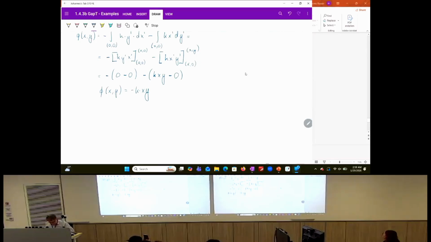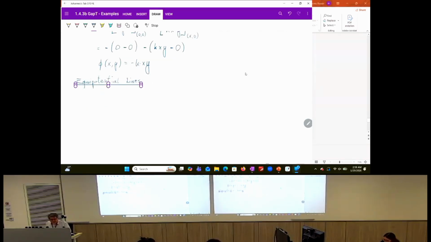So let's sketch the equipotential lines. So what are the equipotential lines? Well, these are the coordinates where the potential is constant. In the two-dimensional scenario, it gives us lines.